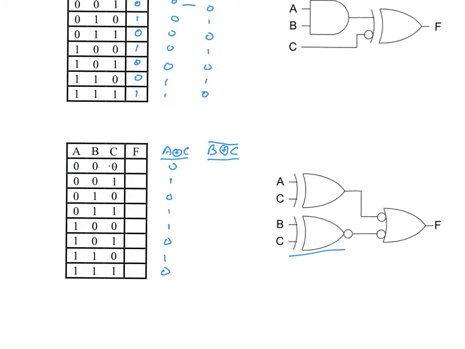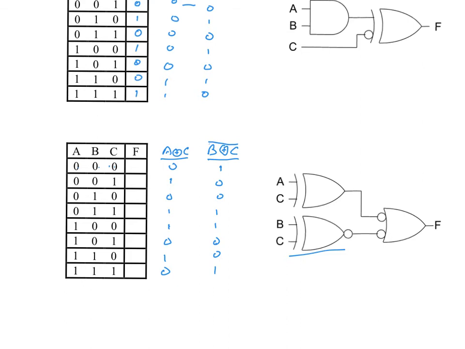So B and C here are the same, so we're going to get 1. And then they're different, so we're going to get 0, 0, 1, 1, 0, 0, 1.